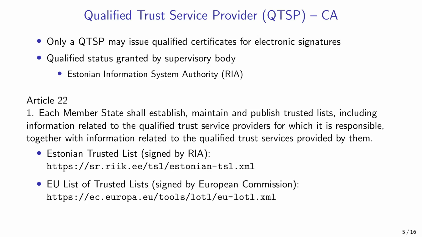Effectively, what we get is a European Union level public key infrastructure where this EU list of trusted lists is the root trust anchor. The Estonian DDOC software uses this trusted list when validating a signature. Therefore, theoretically, it should be able to validate signatures created in any member state, as long as they comply to the eIDAS file format standards.